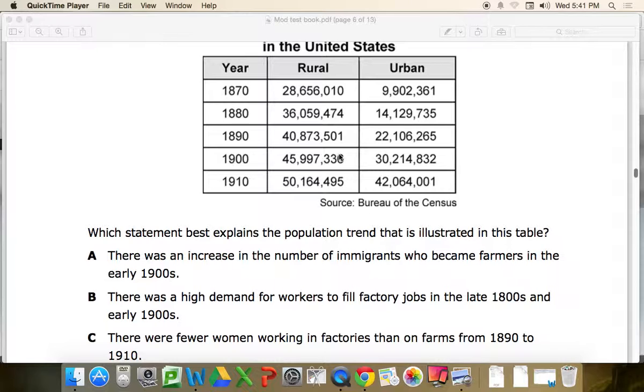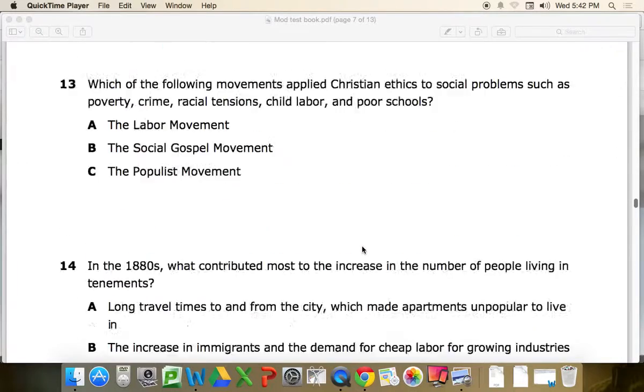So I think that perhaps maybe you either didn't read the question all the way through, or you got kind of thrown off by the increase in the number of immigrants, and then you didn't read the rest of that question. So be sure when you're taking a test that you're reading all of the question and all of the answer choices. It's very important for you to do because sometimes it's the end of the answer choice that really helps you figure out what the answer is going to be.